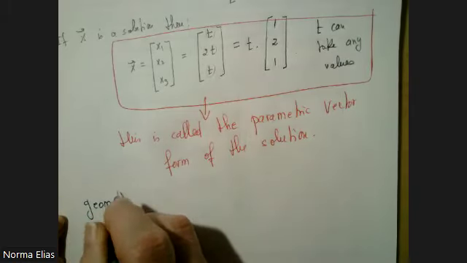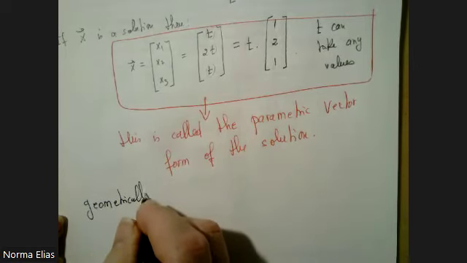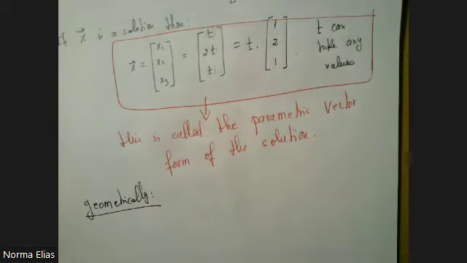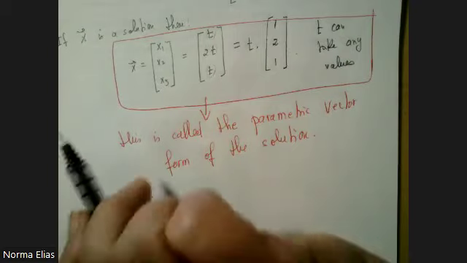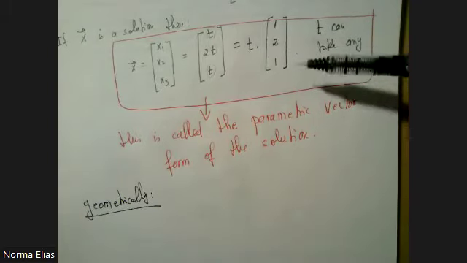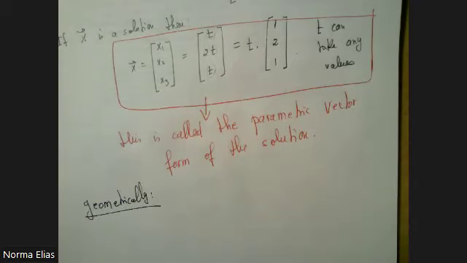So geometrically, who can visualize the solution? I want you to stare at the way we wrote it and see if you can interact with it. Every solution, the entries is a scalar multiple of 1, 2, 1. How can we visualize this? Look at it a little bit, analyze it.